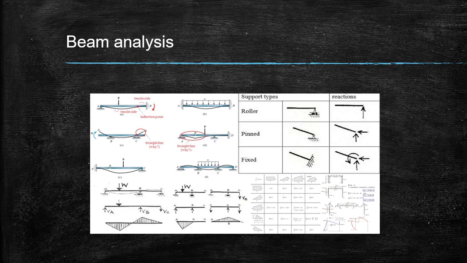Then the pin joint, where the body can rotate about that point but is not allowed to move. So there are two forces acting on it, x and y, and obviously there will be one force acting along that member. And then the fixed support, where the body is not allowed to move or rotate. So there are three reactions, one in the x direction, one in the y direction, and a moment. You can see some of the diagrams, which I will practice with you in the live courses.